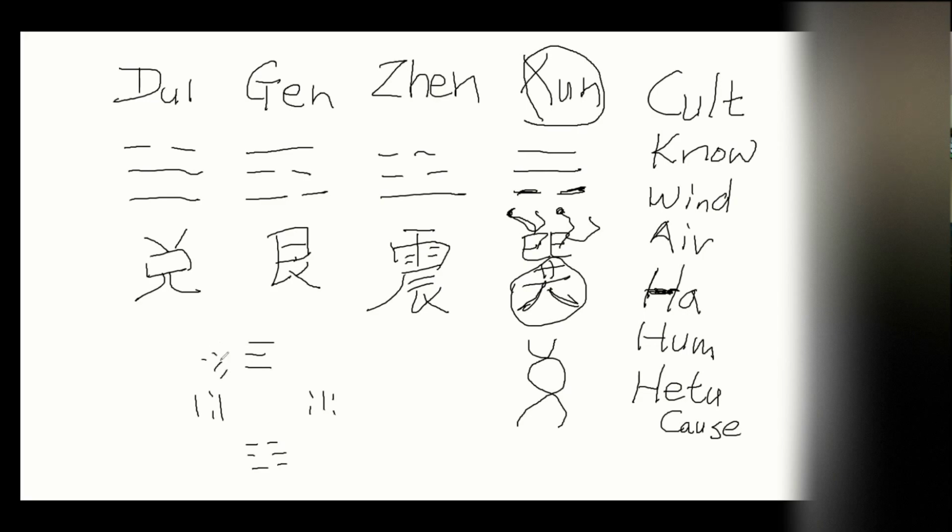Let's do it this way, easier to write. Zhen, right, Xun, and this is Gen. Okay, so where is Xun? It's over here.